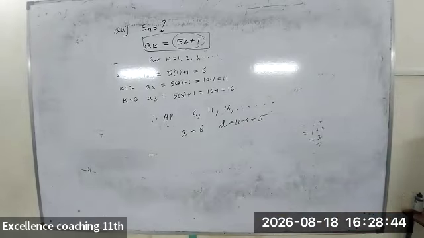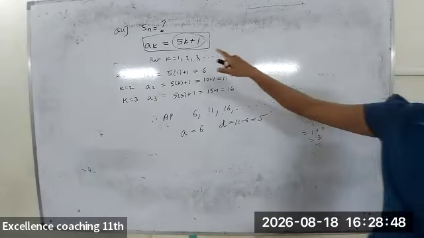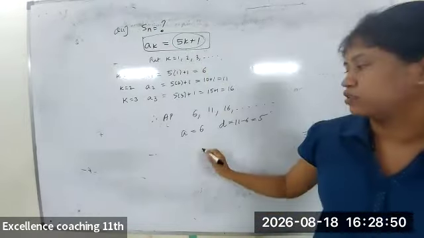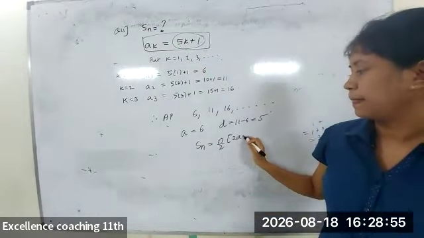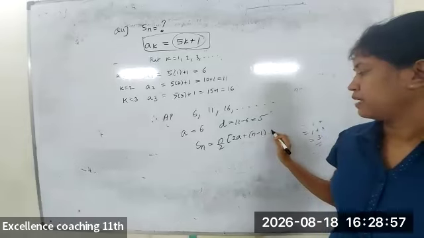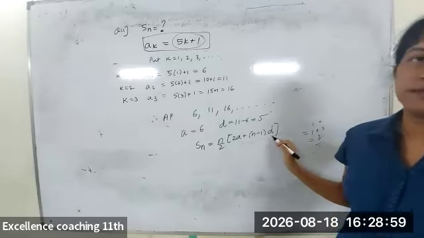Now n is not required to know. You can leave the answer in terms of n only, because anyway they have not given. Sum of the n terms only they have asked. So write the sum formula now, and leave the answer in terms of n only.